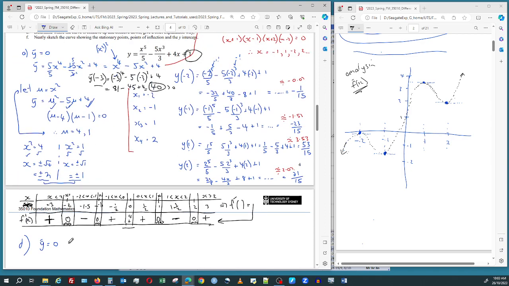So y double dash will be 4x cubed, 5 2s are 10, x, and the 4 goes. So we've got 4x cubed minus 10x.